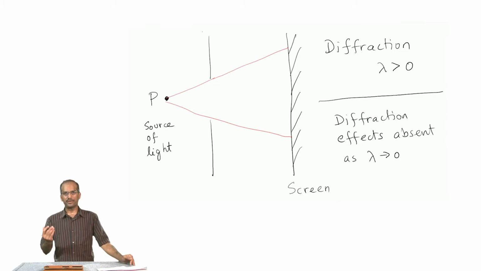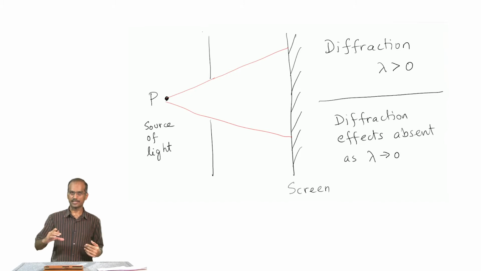In that case, where we can very clearly see the sharp distinction between the region that is lit up and the region that falls in the shadow, below this point S prime on the screen you do see light, and above S prime on the screen it is dark.